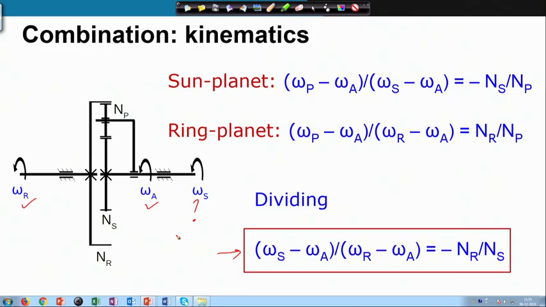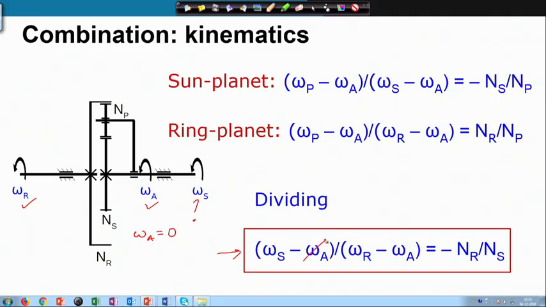Let us look at some very special cases. Let me take some special cases. One special case can be omega arm is 0, which means my arm is fixed, it is not rotating.